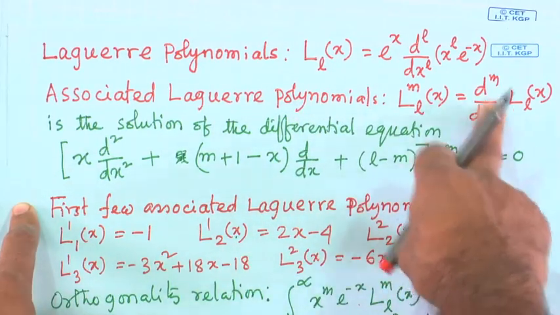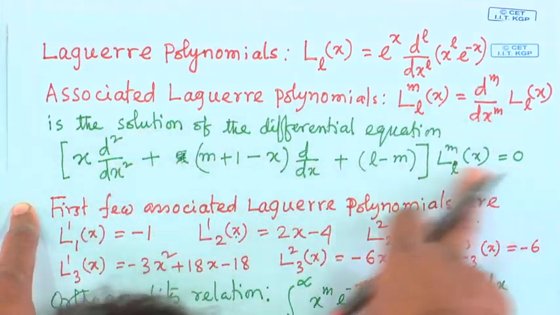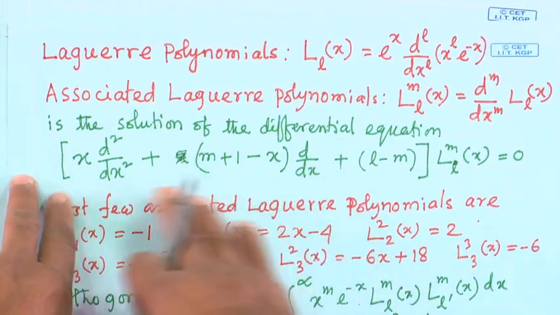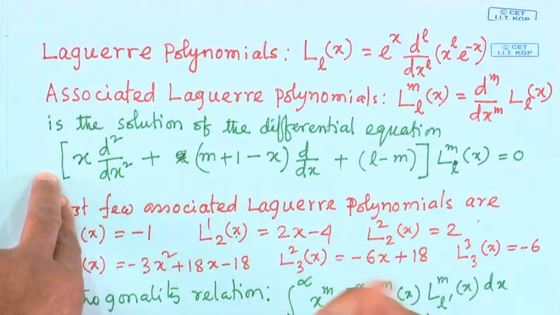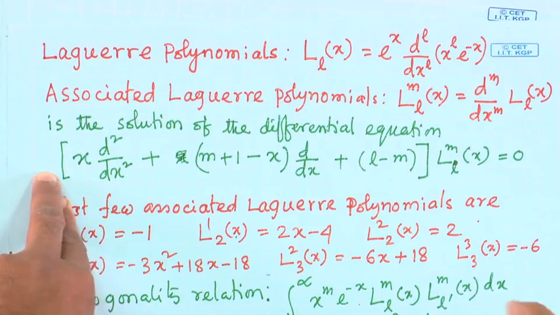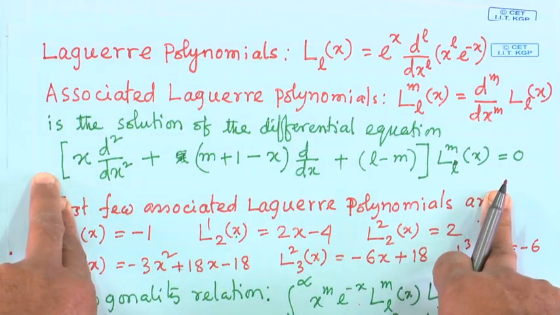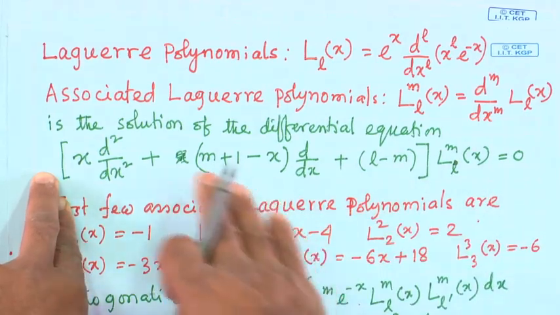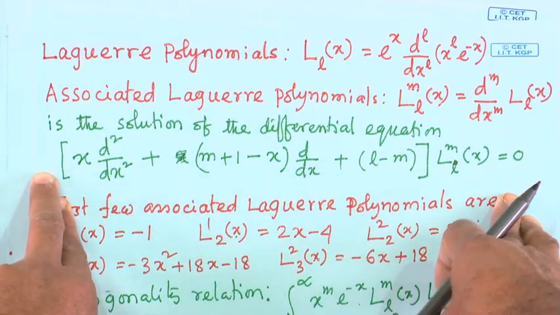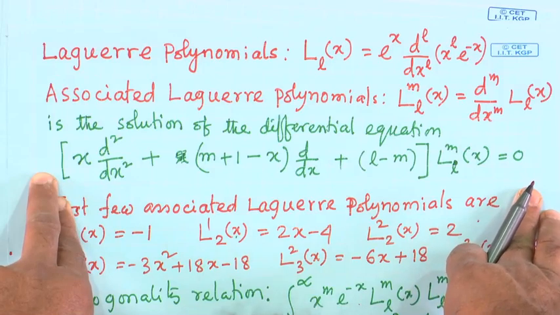This polynomial is the solution of a differential equation of this form. In the radial case, we try hard to get the equation in this form, because if we convert the equation to this form, then we have a ready-made solution. That is the associated Laguerre polynomial solution.